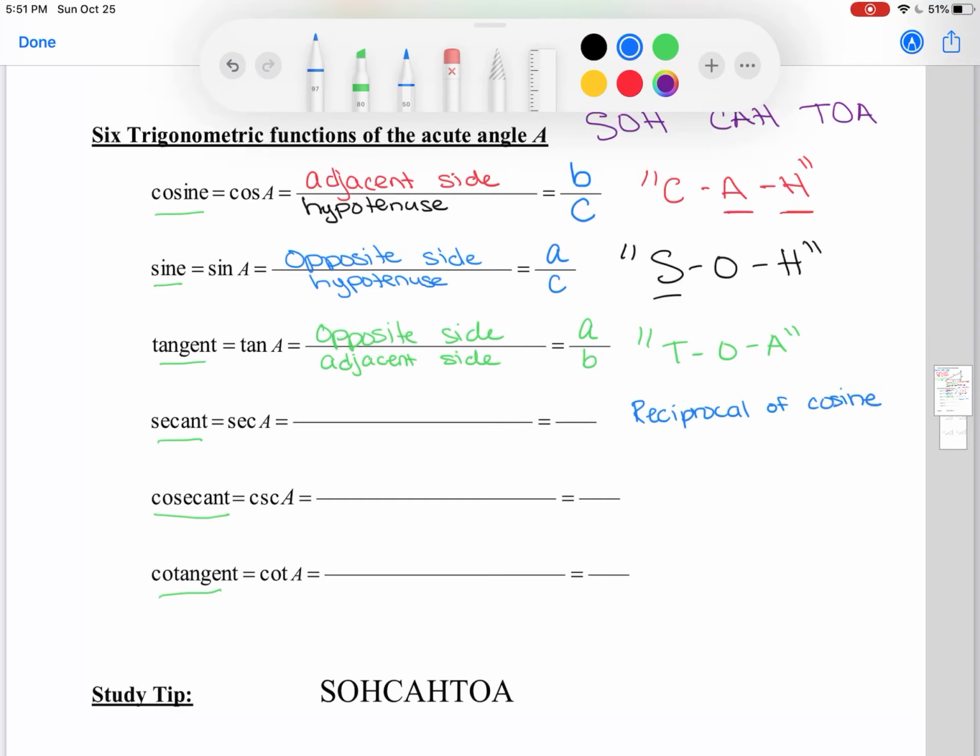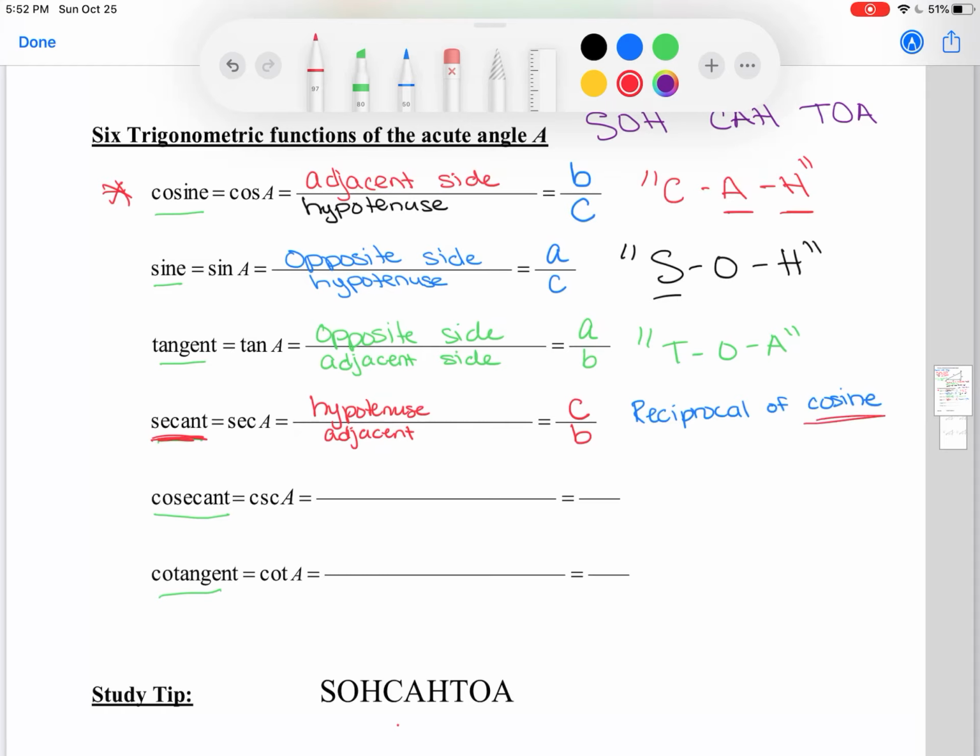So if I told you that secant is the reciprocal of cosine, instead of adjacent over hypotenuse, we would have hypotenuse over adjacent. And we're still referencing the same triangle up above. So my side lengths will be C divided by B.